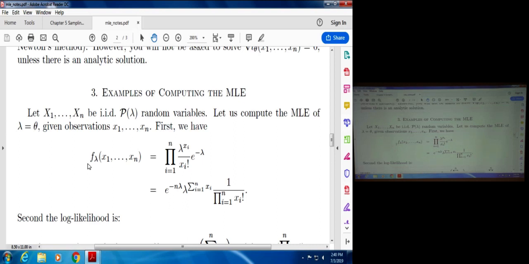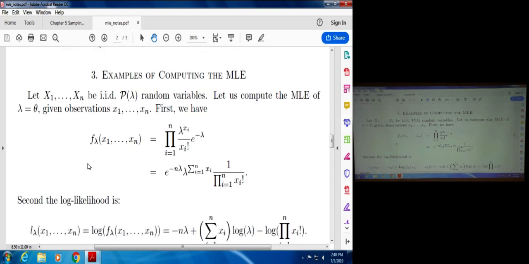And remember, we're assuming a random sample. So if you have a random sample, the joint density of the observations is just the product from i equals 1 to n of the density function for the random variable of interest evaluated at the data. So this is a function where I know the x's but I don't know the lambda.